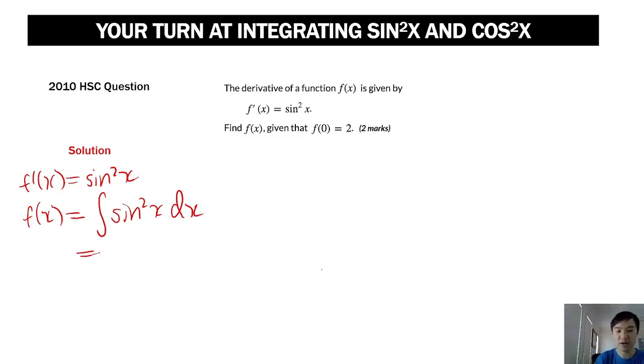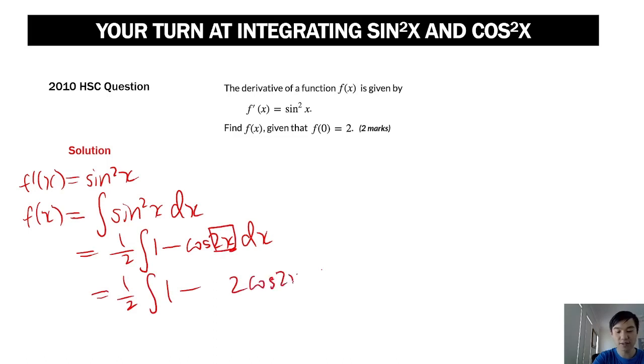In order to integrate sine squared x, I'm going to apply a rearrangement of the cosine double angle formula. In this case, it's going to be half 1 minus cos 2x. And here, the derivative of 2x is 2, so I want to have a 2 on the front, but I don't want to change the question, so I'm going to divide by 2 as well.